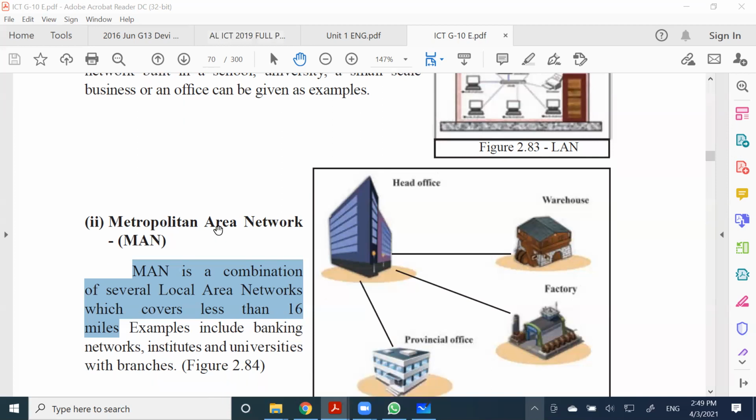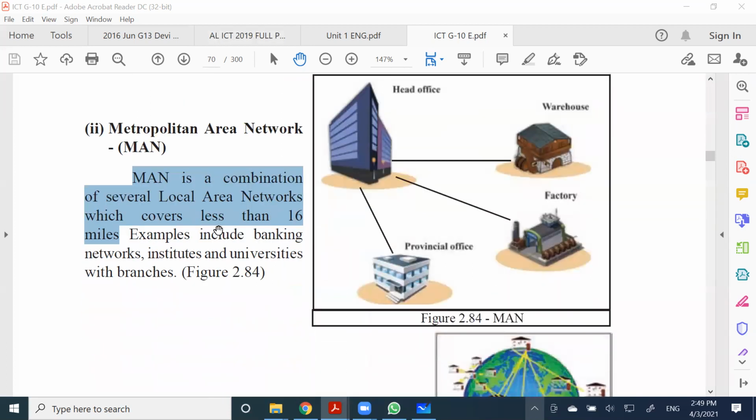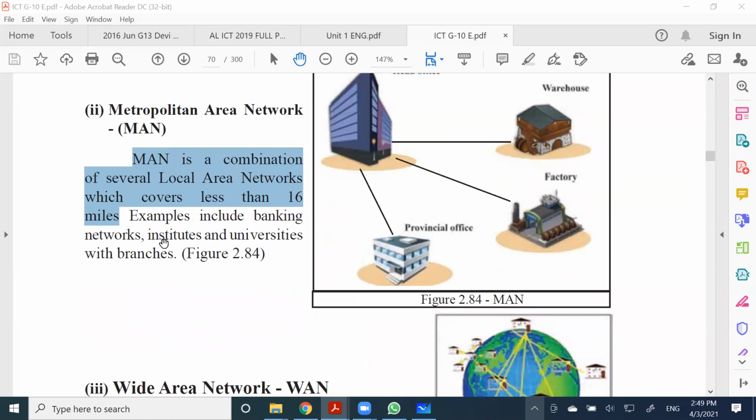Right. So if you are done with the metropolitan area network, you can write the examples under it. So this will be the first point and the example.